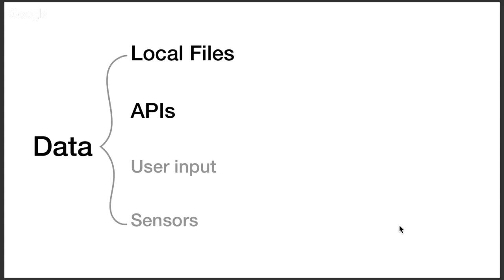And also for mobile devices, the general idea is to make the prototype more realistic, much closer to the final product, right? So it could include a whole bunch of these kinds of data. In this session, maybe a little bit about user input, but not at all for the sensors and stuff. So we're gonna focus on the first 2 points: local files and APIs.